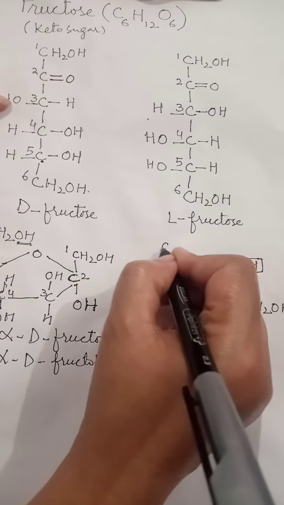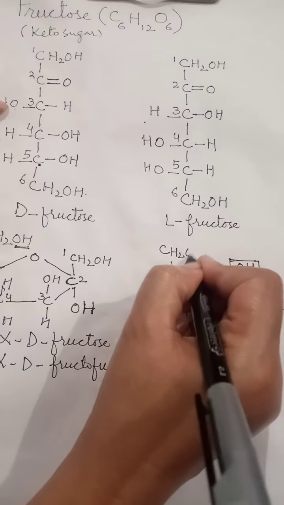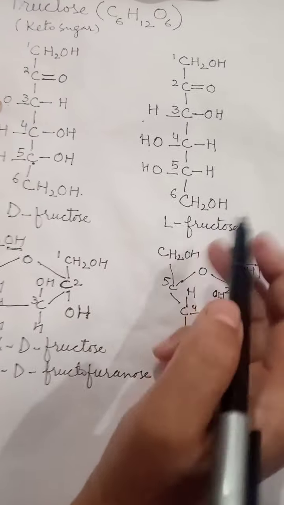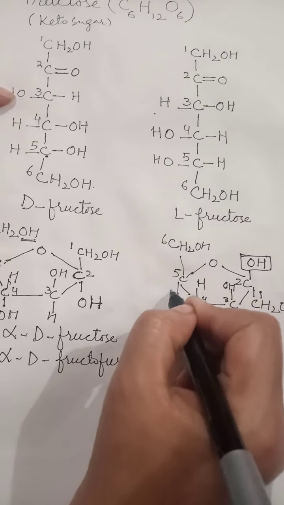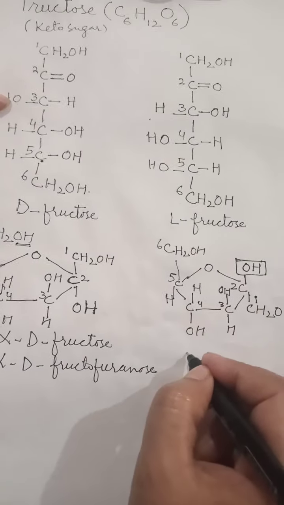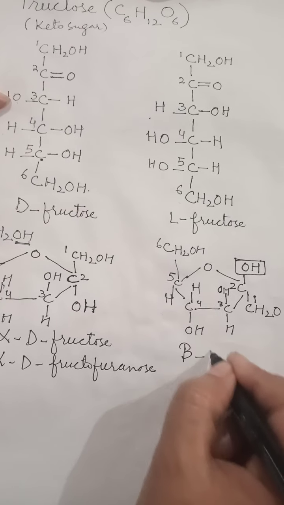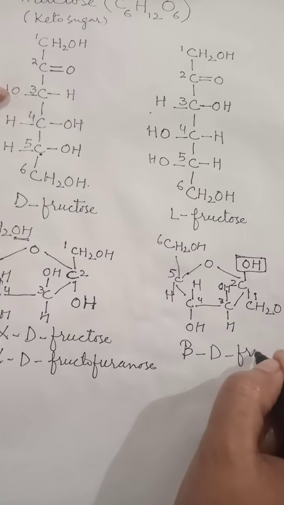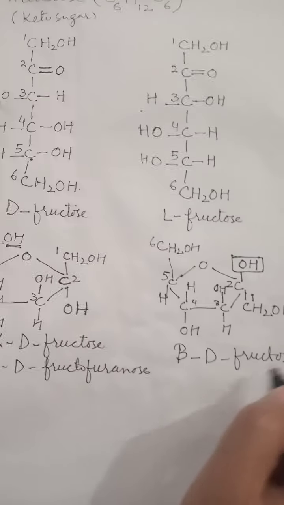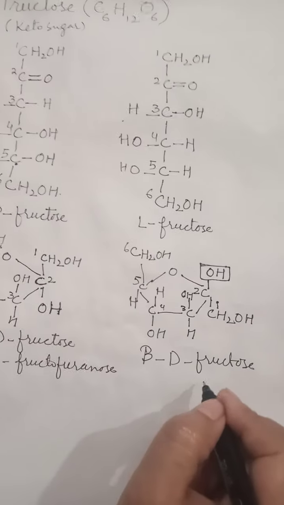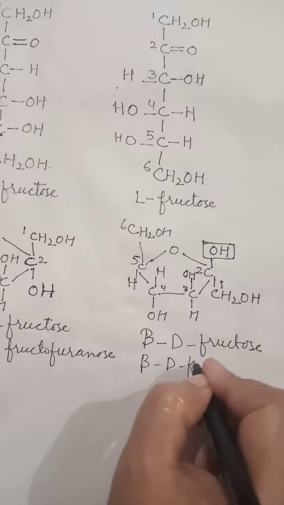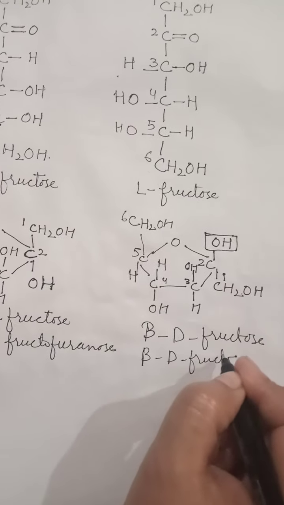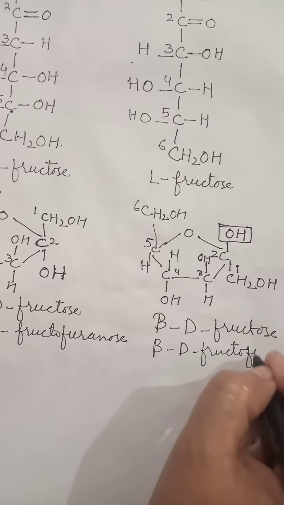Carbon number 5 has the CH2OH group. This is carbon number 6, and over here I will write hydrogen. So this is beta D fructose, or beta D fructofuranose.